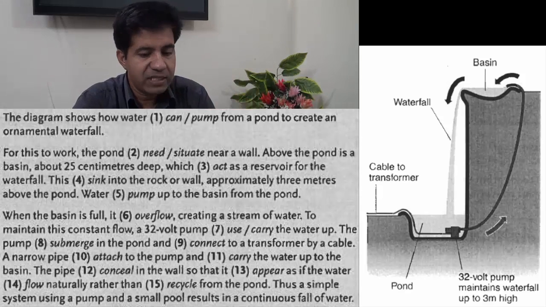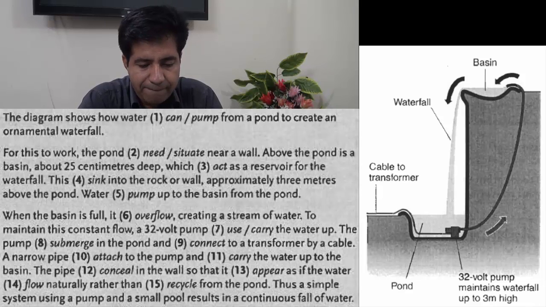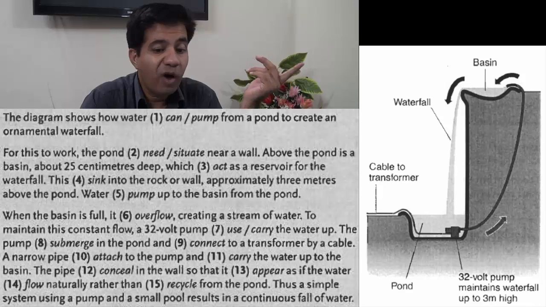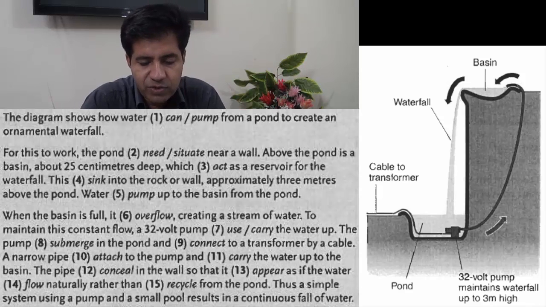Needs to be situated, it's a passive voice. Near a wall, above the pond basin, about 25 centimeters deep, which acts, only S will be added here, which acts as a reservoir for the waterfall.